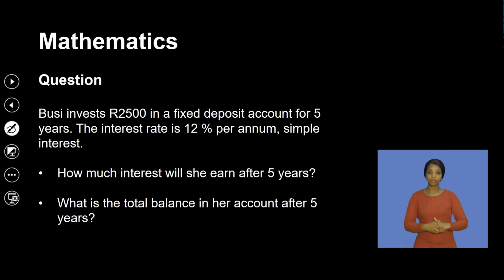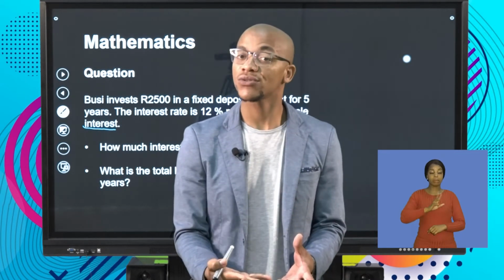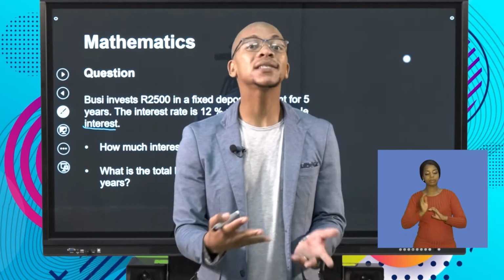Now let's put this into context and do just one question that shows us exactly what it means to have simple growth. But remember, the key word under simple growth is simple interest. Let's say we have a scenario where a person, Busi, wants to invest 2,500 rands in a fixed deposit account.